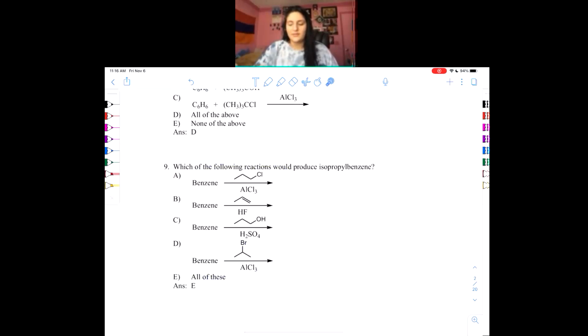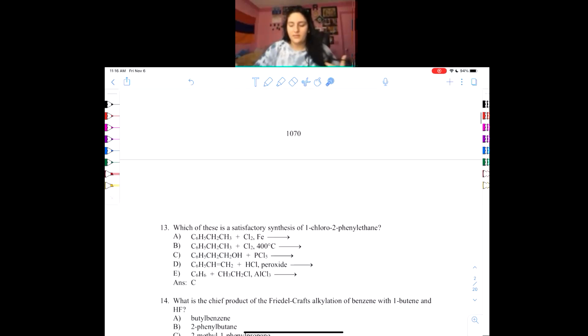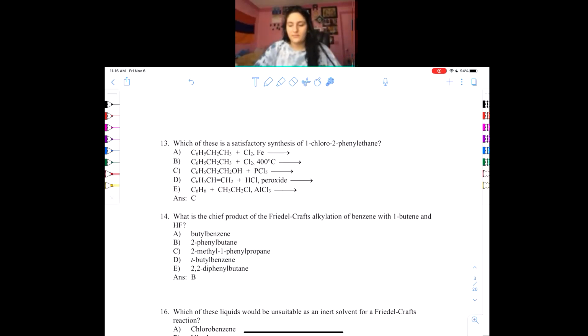We've looked at this one, we've looked at this one, but these two are kind of like Orgo 1 type questions. We don't want them. Same with this, like the peroxide or the 400 degrees Celsius, the double bond, that kind of stuff is not really from Orgo 2, so I wouldn't prioritize this question because we haven't really looked at that material in Orgo 2.